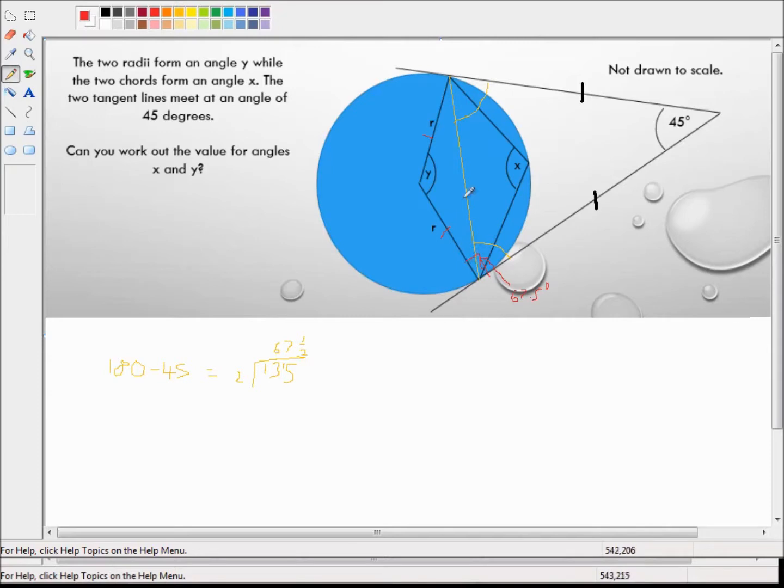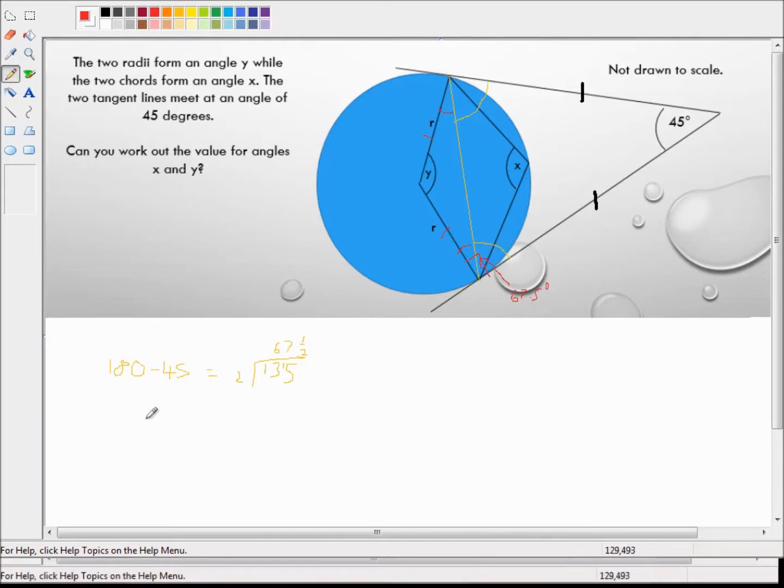So I know that this angle here is equal to this angle here, and they are both going to be 90 degrees minus 67.5 degrees, because this is a right angle and this bit here is 67.5 degrees.